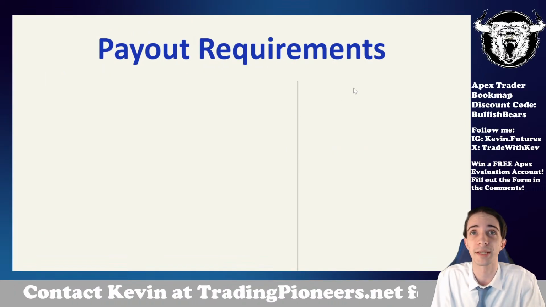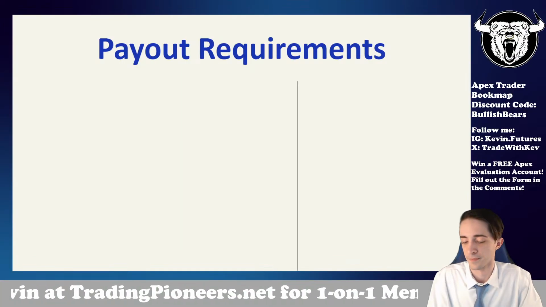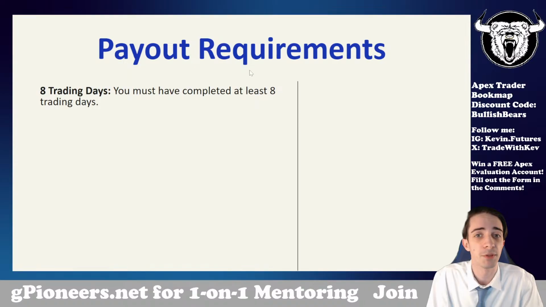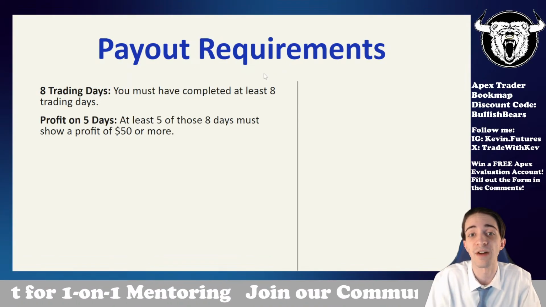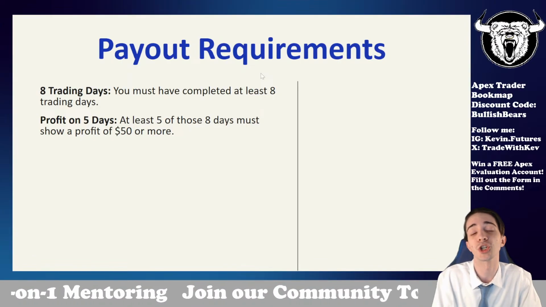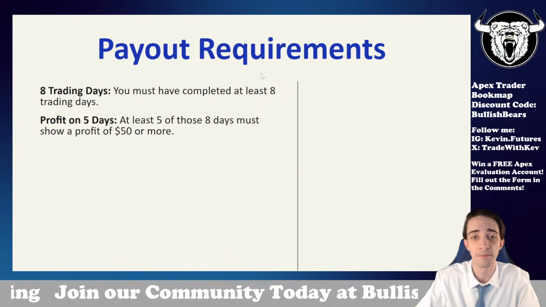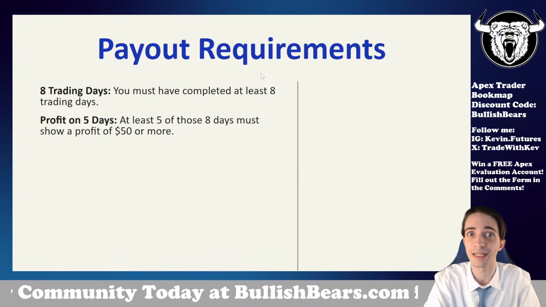Payout requirements, guys, very important here. So 8 trading days, like I mentioned before, you must have completed at least 8 trading days. Profit of 5 days: at least 5 of those 8 days must show a profit of $50 or more. So all of these rules sort of adding up. The 5 green trading days, 8 trading days in total.